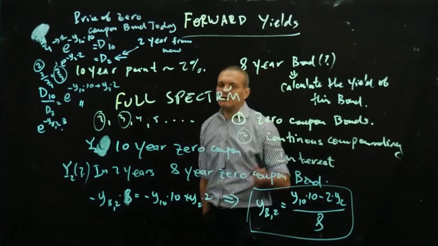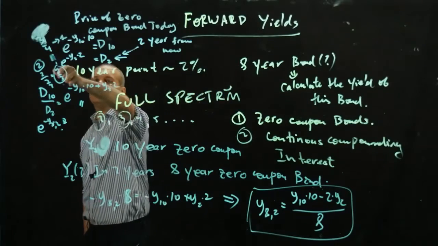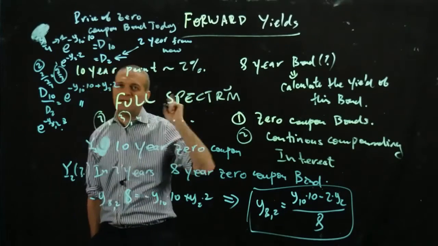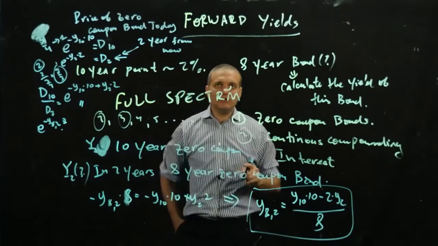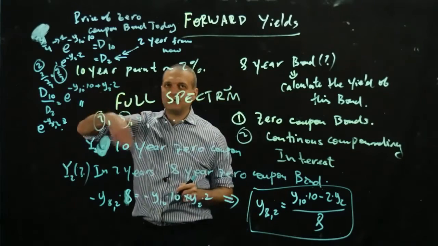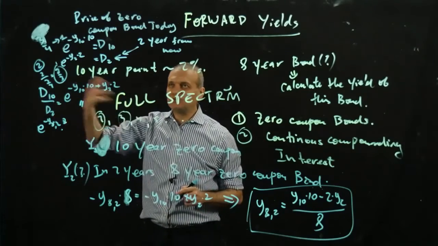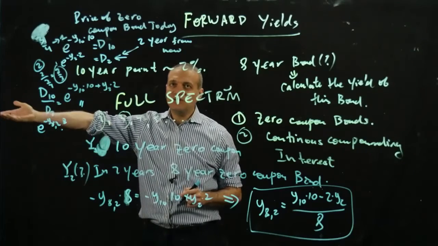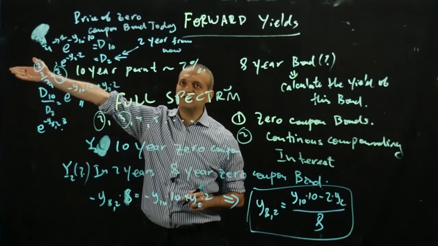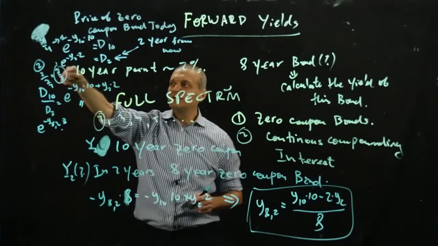Now, the one caveat is, why do I know the price of a zero coupon bond? Remember what we did in the previous video, where we said that we need to multiply by the compounding interest rate in order to get any price in the future, let's say 2 years or 3 years from now. That's where it comes from.